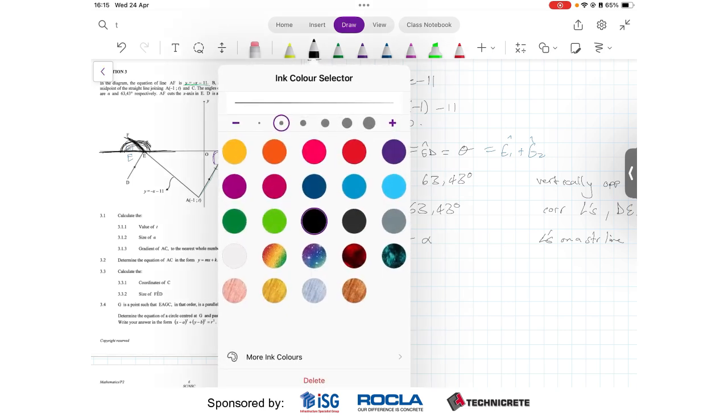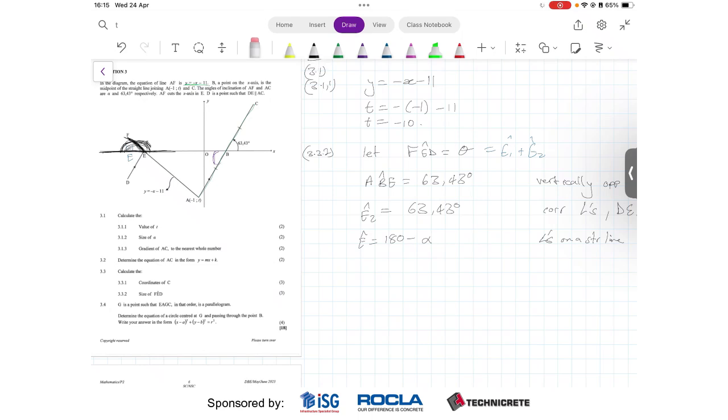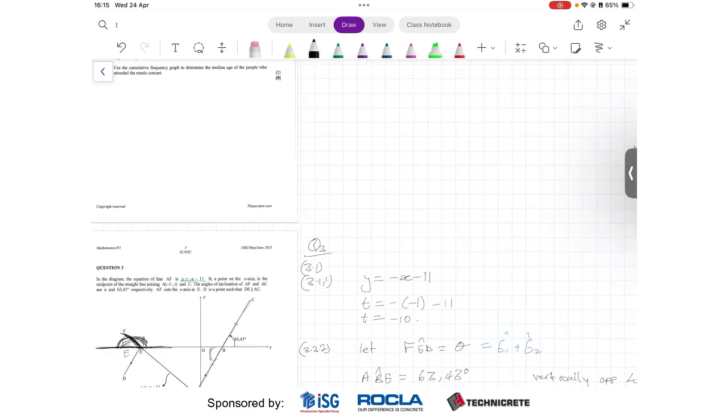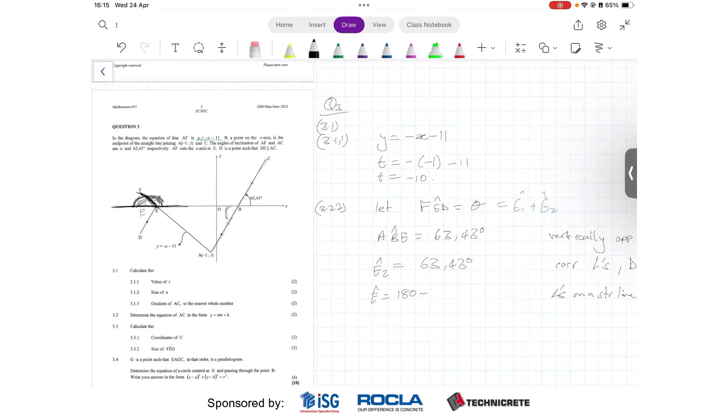Okay, therefore that means, since our alpha is, what is alpha? Let me just find what we found alpha to be. We found alpha to be 135.